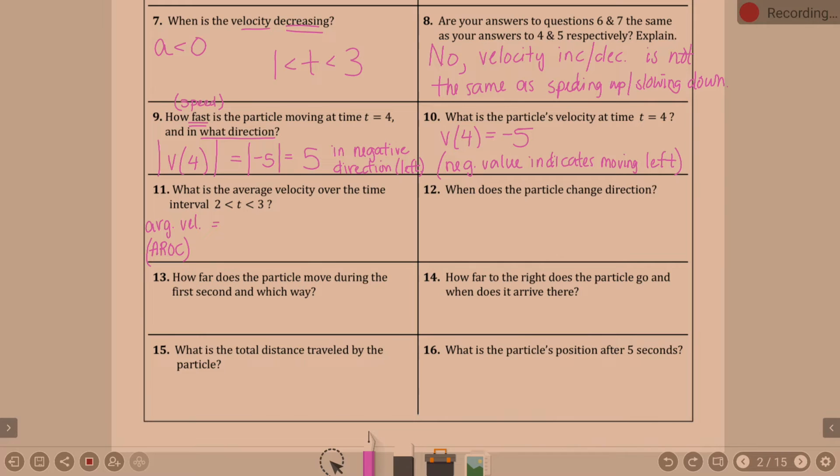What is velocity? It's what over what? Distance over time. So if we're doing average rate of change, you're subtracting on top and subtracting on bottom. It's change in distance over change in time. I'm going to use delta to indicate change in distance over change in time. I think that's what I had done in my notes.